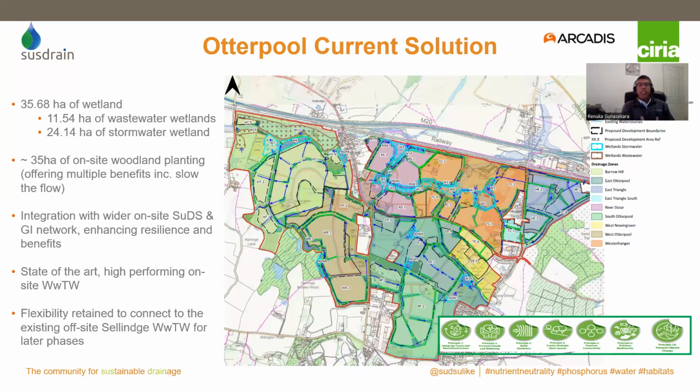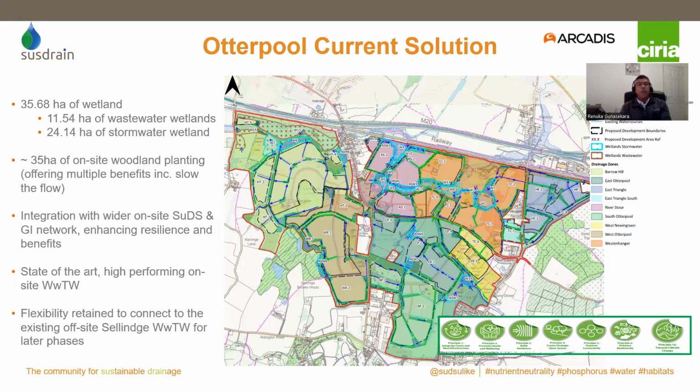Unfortunately, when we started this journey, when we had this dialogue with Natural England at the time, we couldn't count the benefits from the SuDS. But we know that SuDS can help. So we have a strategic network of SuDS, which will take the nutrients at the source and then slowly feed through the wider wetlands. And then it will remove the nutrients from the stormwater component.